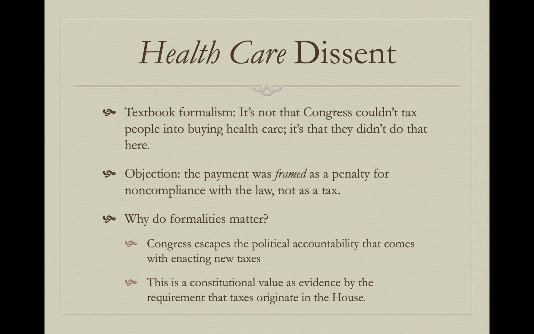They say that for a politician to stand up before the voters and say, "I voted for this new tax," is very politically damaging. But that's what a congressman should have to do if he, in fact, votes for a new tax. And so the dissent here is very formalistic. It really seems to turn on the language that Congress used.